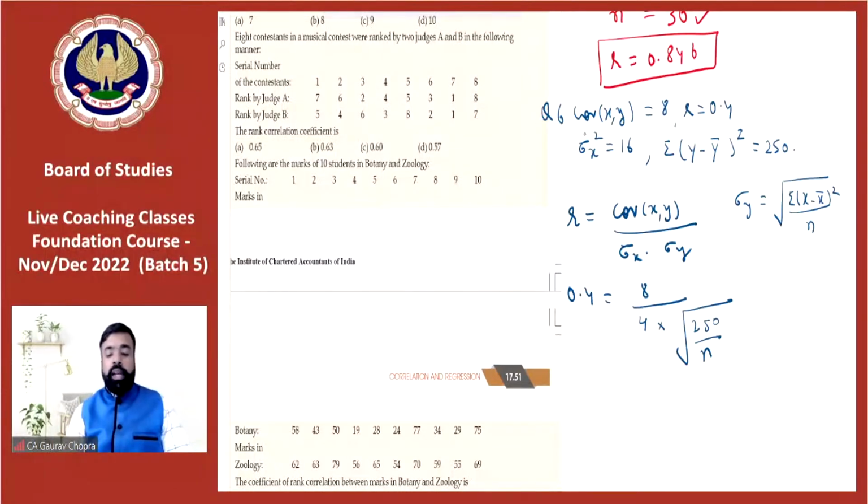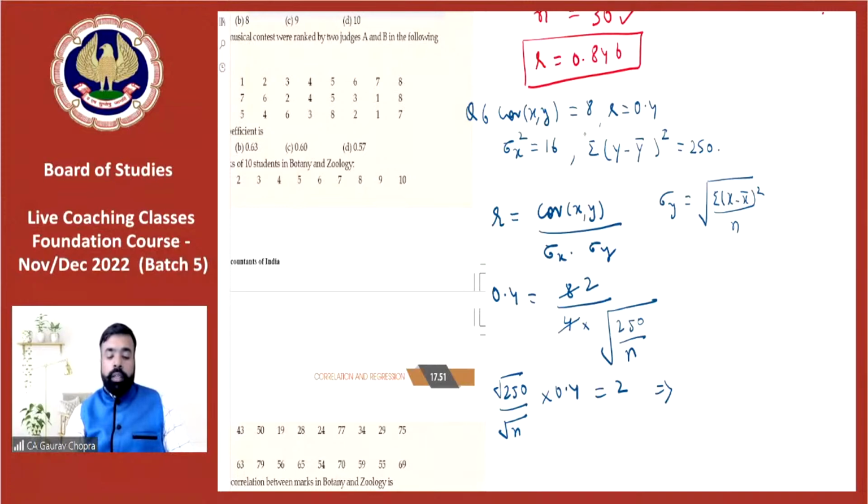Now we can simplify and see what is coming. You can solve this and get the result. 2 is here. So root 250 upon root n into 0.4 is equal to 2. Simple cross multiplication.